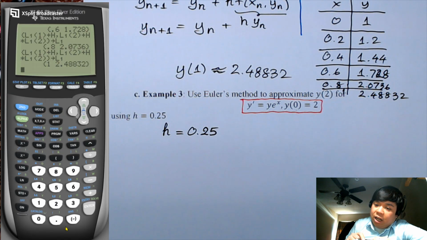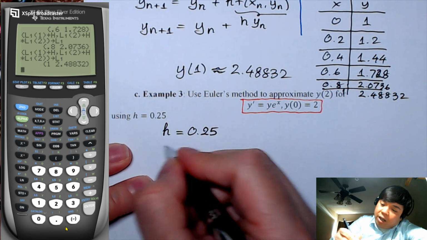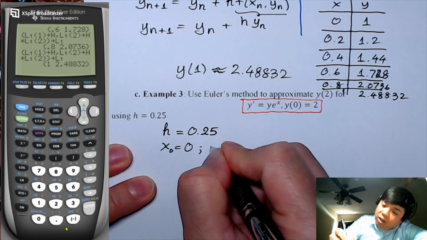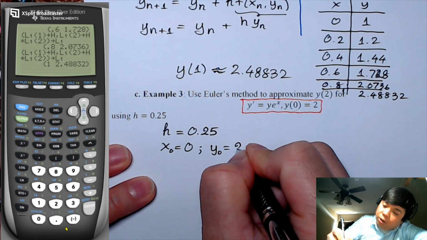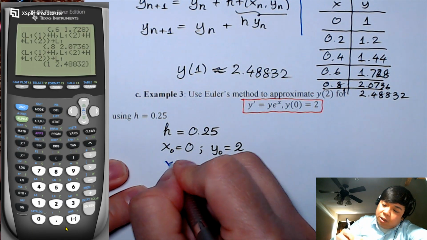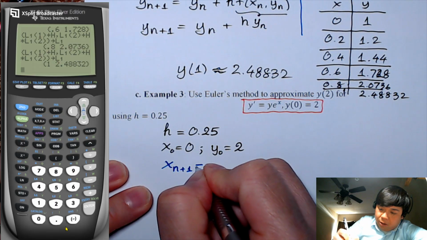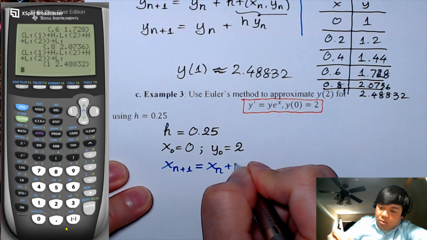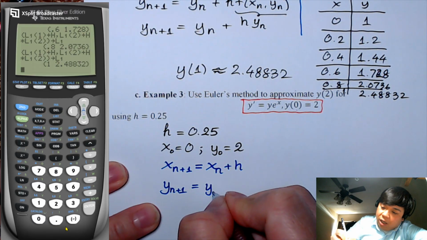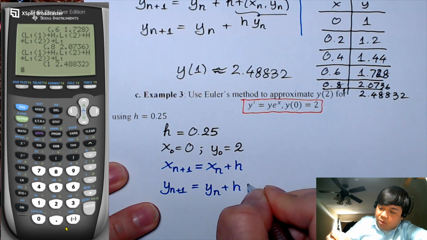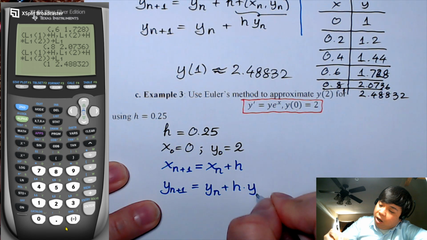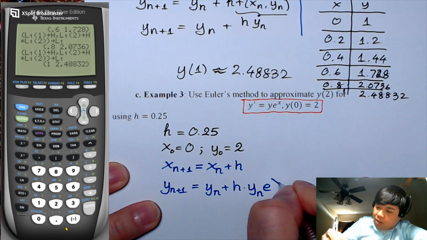Now we said initially we have x naught is 0, y naught is 2, and then update the x by just plus h, and update the y by the old y plus h times the function being just y times e to the x, so y_n e to the x_n.